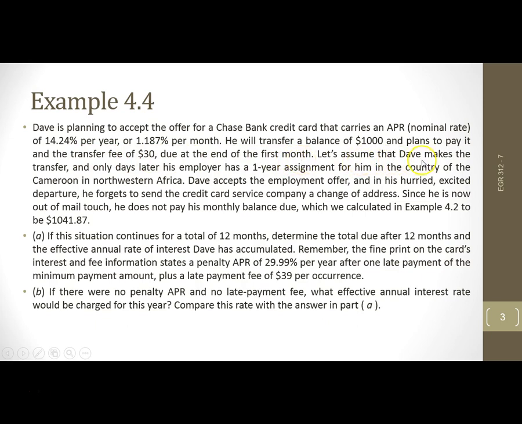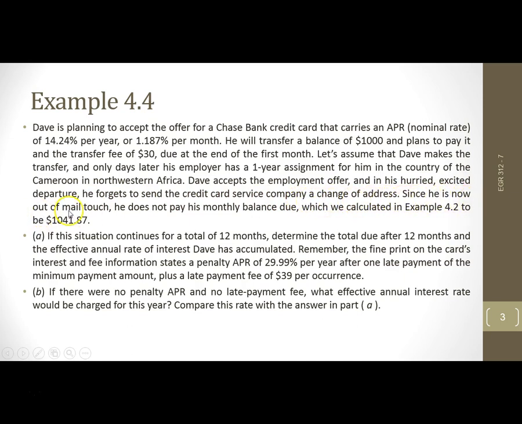Let's assume that Dave makes the transfer and only days later his employer has a 1-year assignment for him in the country of Cameroon in northwestern Africa. Dave accepts the employment offer and in his hurried, excited departure, he forgets to send the credit card company a change of address.